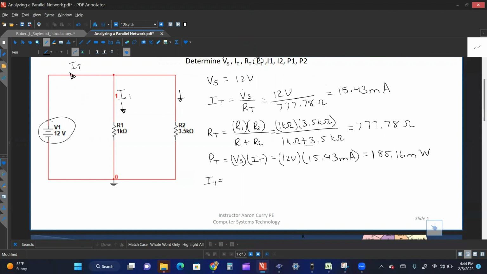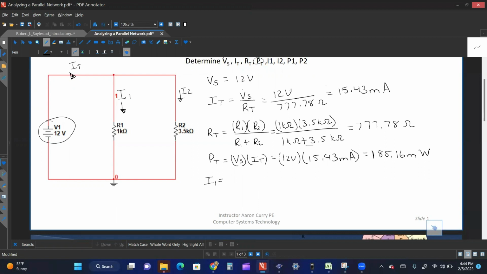This one over here is I2. All right, so we're trying to find the current. What we need is the voltage and the resistance. And so we have the resistance and do we know the voltage? We do, because the voltage across a parallel component is always the same.